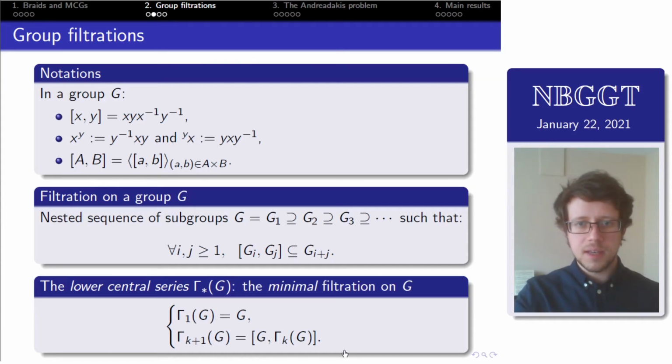And this is the minimal filtration on a group G, by which I mean that if I have a filtration on a group G, then each step of this filtration will contain the corresponding step of the lower central series, which means that it's minimal for inclusion of filtrations.